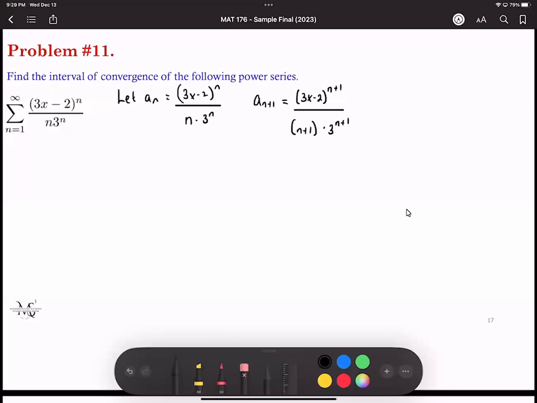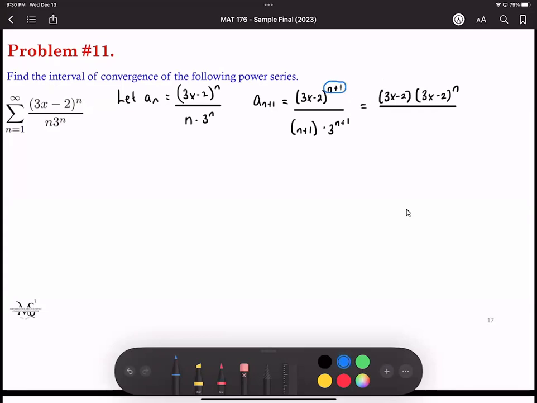Now, if you would like, you can simplify a_(n+1) just a tad bit or expand it out, so that when you apply your ratio test, it makes it easier for cancellation purposes, right? So for example, that numerator, (3x - 2)^(n+1), is really (3x - 2) times (3x - 2)^n, right?